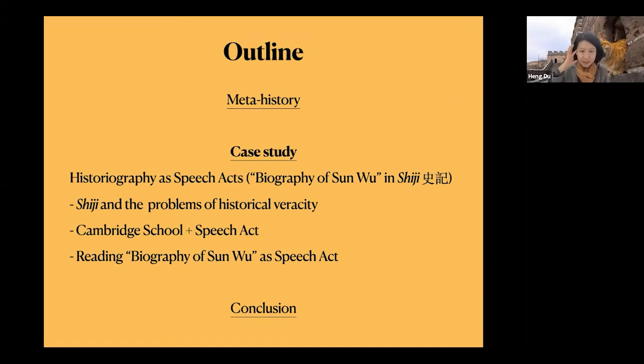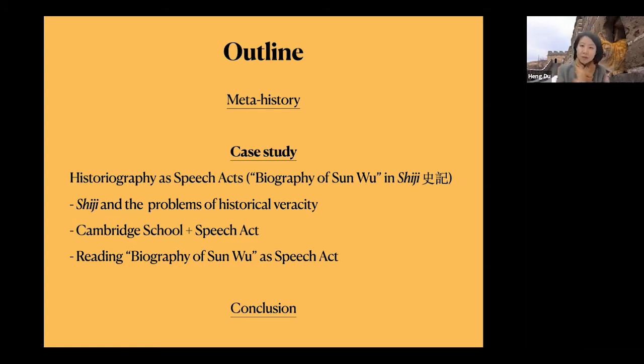So as I mentioned, the biography of Sun Wu, the putative author of the famous Art of War, is the central case study today. And I will start by introducing this text and the problem of its historical veracity that has been a major source of scholarly debate.